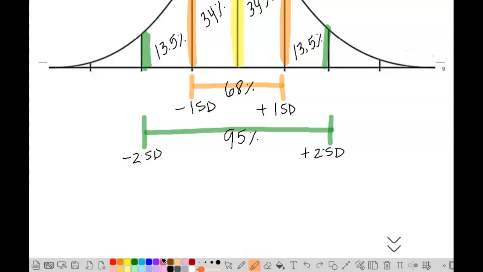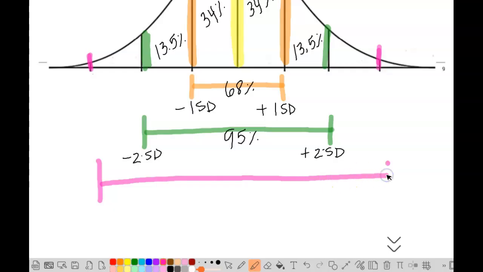3. Good. 3 deviations from the mean. And now it is not 95%, it's 99.7% of data.